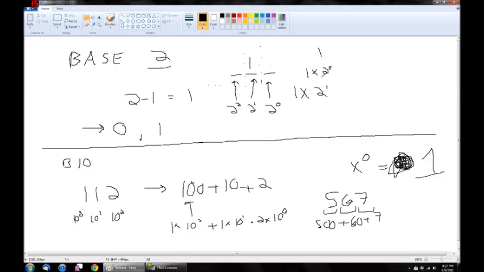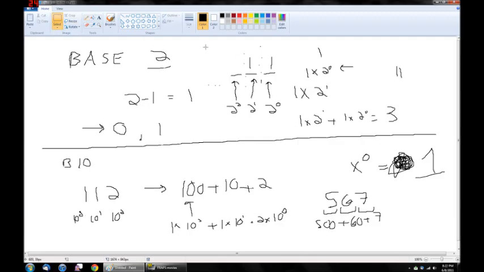Now, if we combine that with the largest number that we have in the first digit, we can actually make 3, because we have 1 times 2 to the first plus 1 times 2 to the 0. That's 3. But that's 3 in decimal. In binary, you write 3 as 1, 1. Okay?